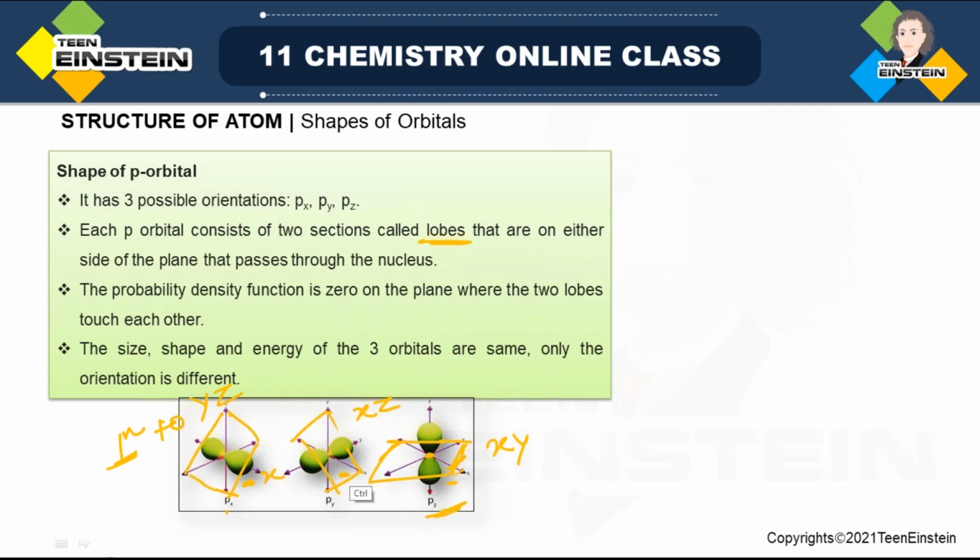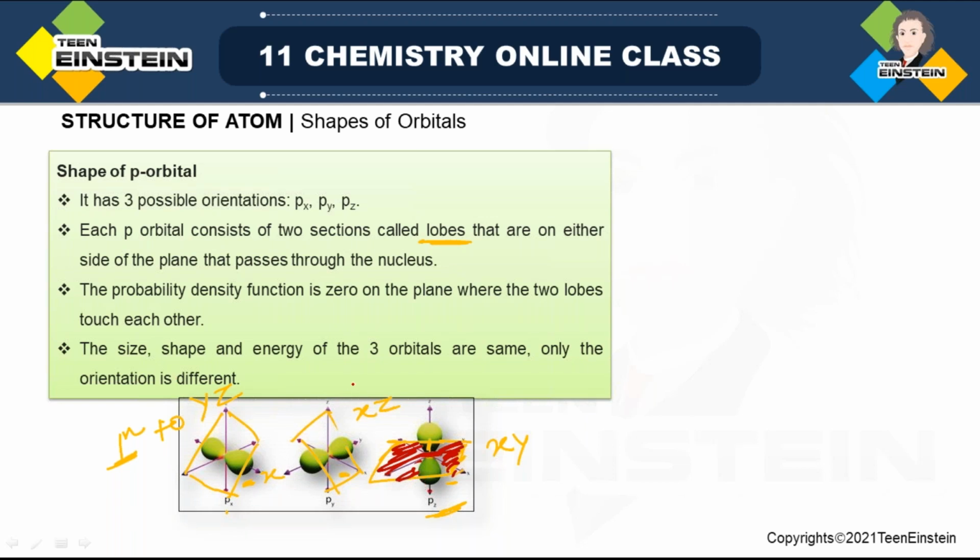I'm using a different color. So this is the plane, and one lobe will be above the plane, another lobe will be below this plane. So the probability density function is 0 at this plane, where the two lobes are touching each other.